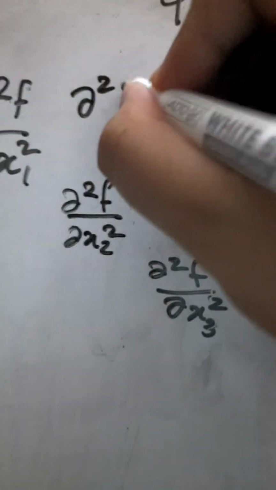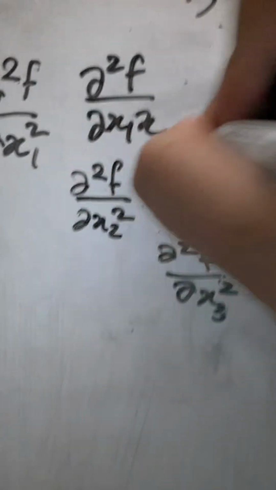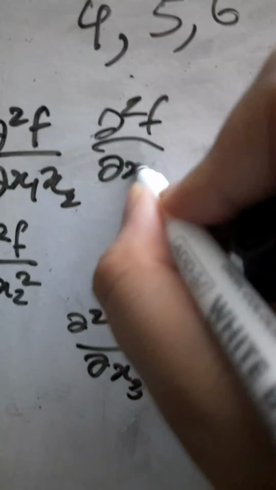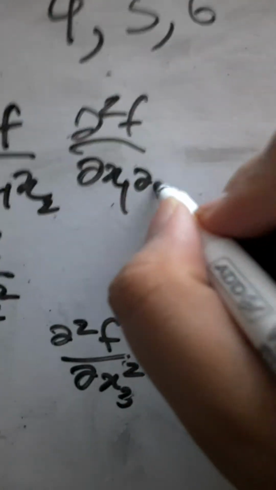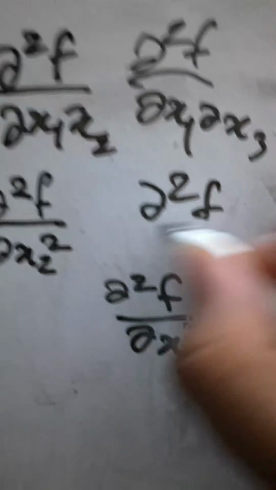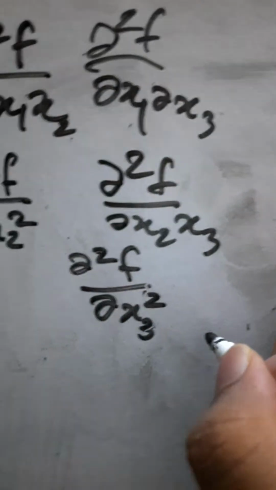So here we go, x1, x2, and here we go, del square f, del x1, del x3. So this is x2, x3.